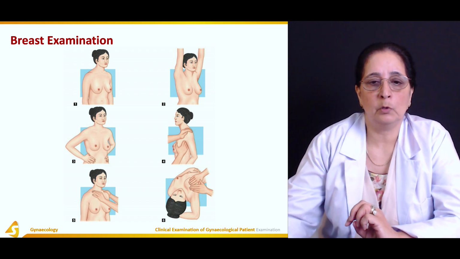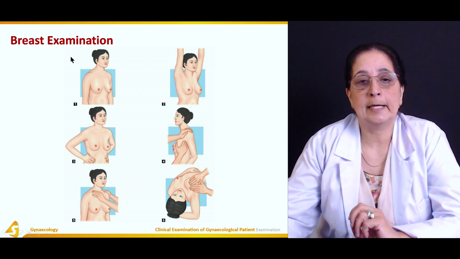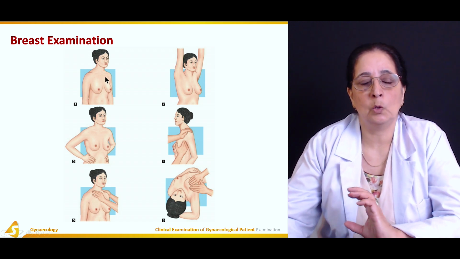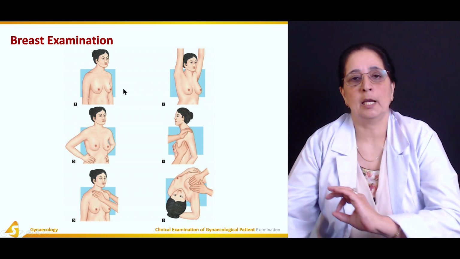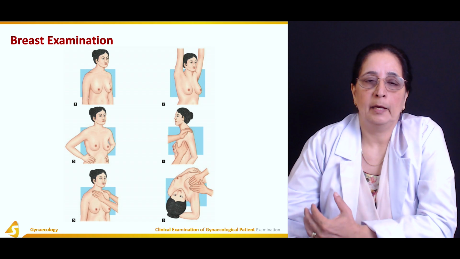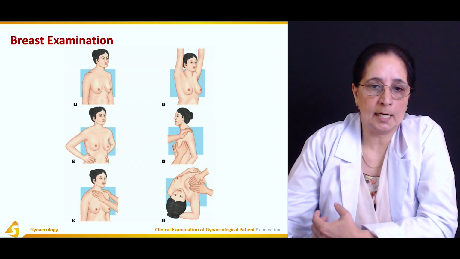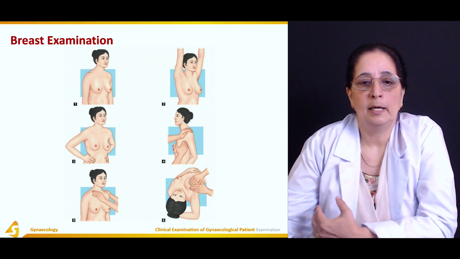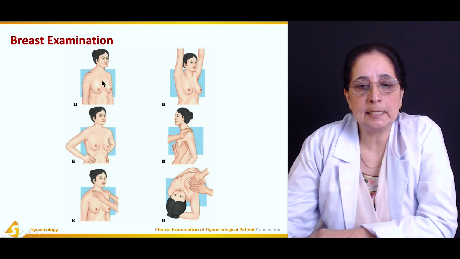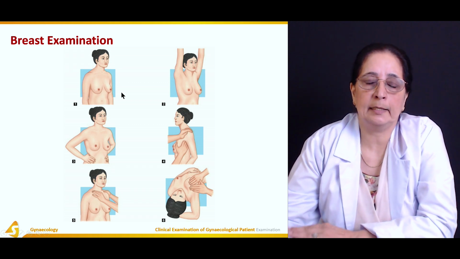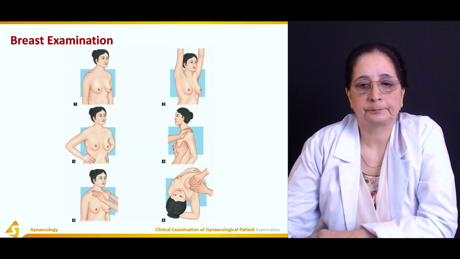So by keeping both arms on the side, stand straight and just look in the mirror. Just by looking in the mirror, the patient can observe a few things. If there is any change in the size of the two breasts, if there is any scar, any dimpling, any discoloration in the breast, that can be observed just by looking in the mirror.